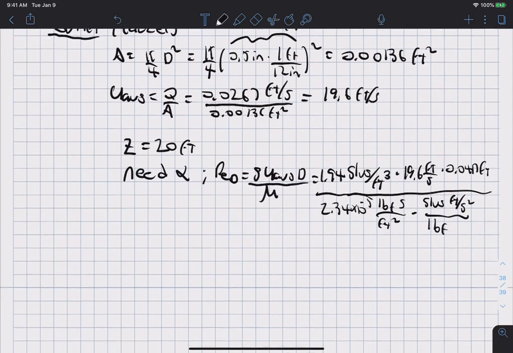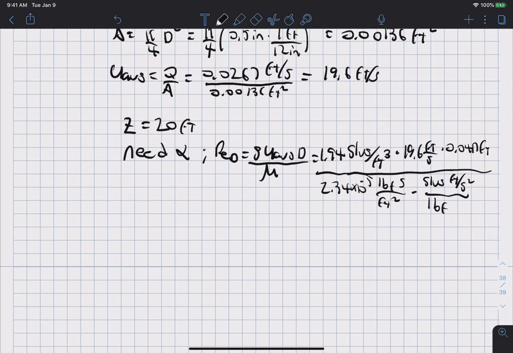Okay, and so Re_D equals 67,760, which is again greater than 2,300, which implies turbulent flow, which implies that alpha equals 1. Okay? And so now we have quantified everything that we know about the inlet and the outlet states.